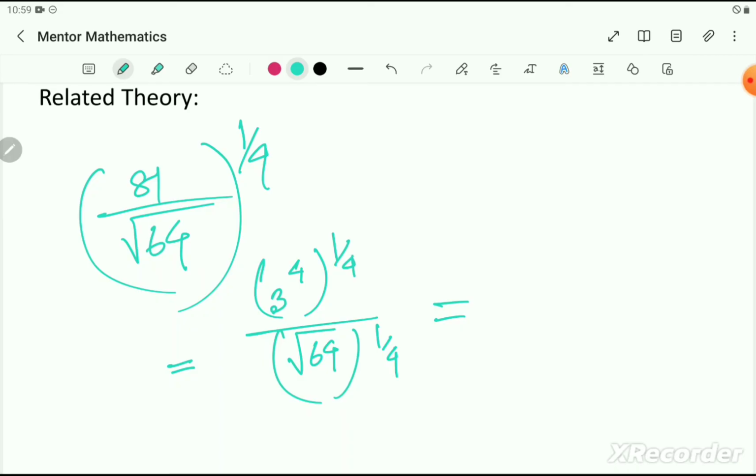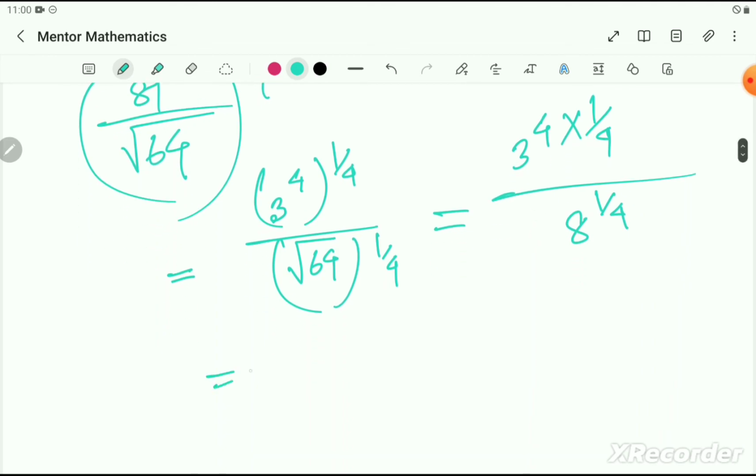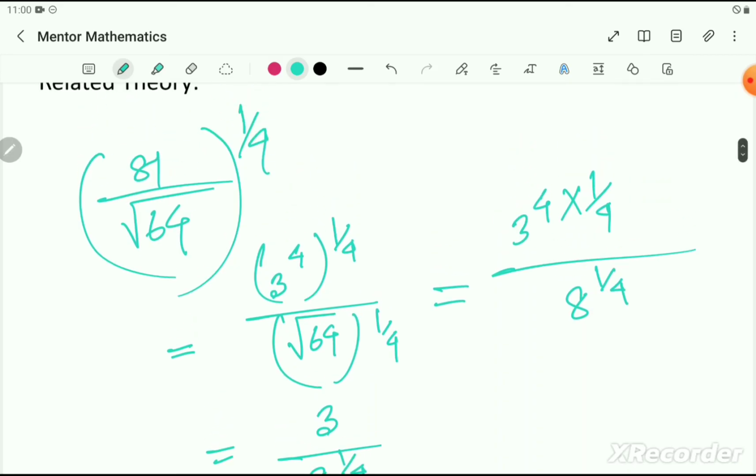Then we can write 3 to the power 4 into 1 by 4, and root over 64 equals 8, to the power 1 by 4. So it becomes 3 divided by 8, to the power 1 by 4.